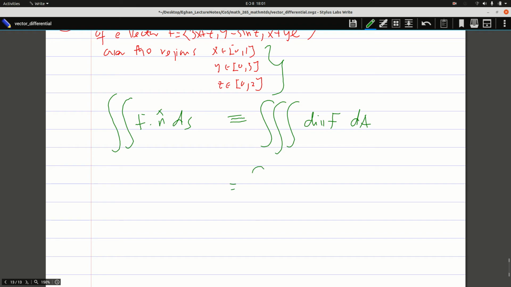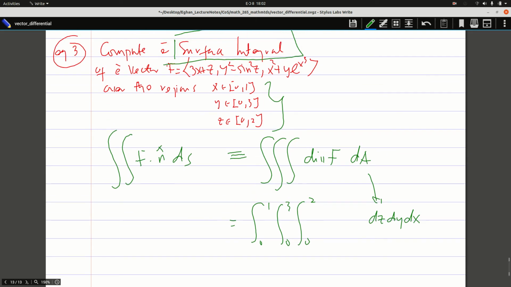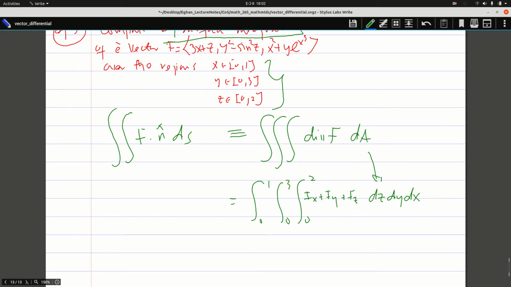So see, if I have 0 to 1, 0 to 3, 0 to 2, you know your dV will be what? The dz, the dy, the dx. The divergence of f, it means I'll differentiate the first term respect to x plus the second term respect to y plus the third term respect to z. And that is all you have to do.